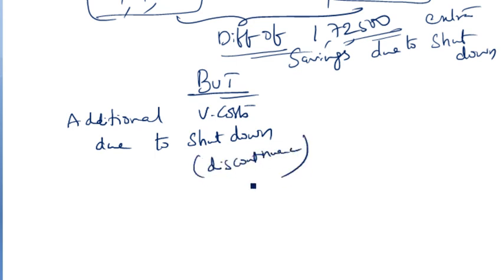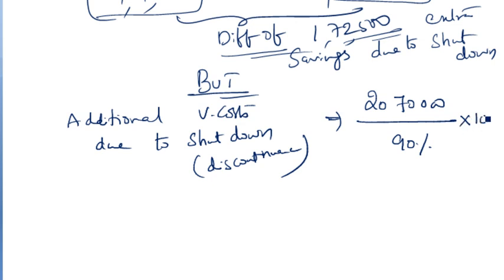As you can see in the question, there is an additional variable cost. So what is that? Right now the variable cost is 20,70,000, which represents 90%. But once you take a decision to discontinue that particular division, it will go to its normal level, which means it will go to 100%, which means it will increase by 10%. So I'll take the 10% only.